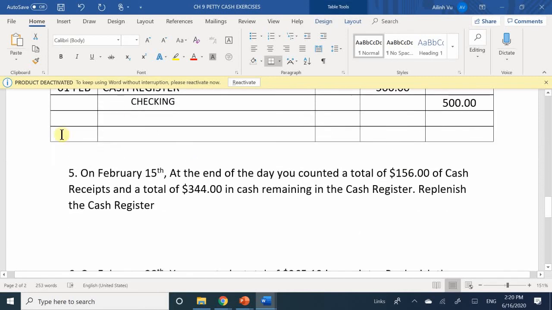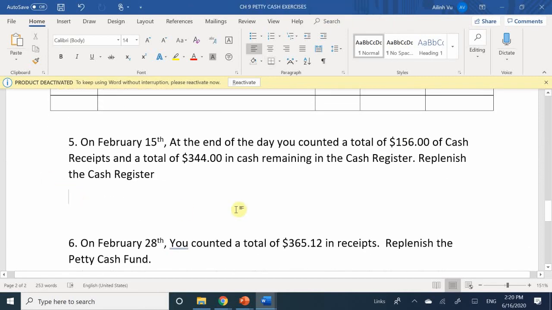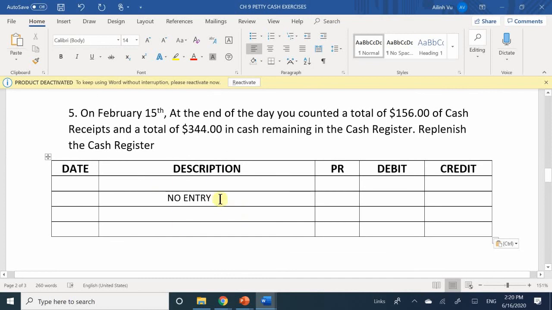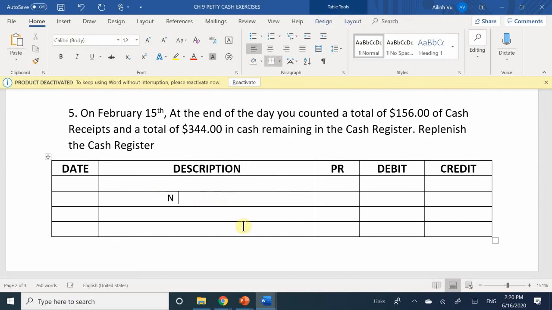There you go. And I'm not going to have a zero entry. So here, I'm asking you to now replenish the cash register, because at the start of every morning, I need to have $500 total cash in order for me to operate.